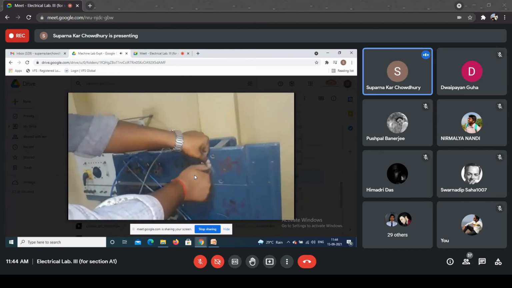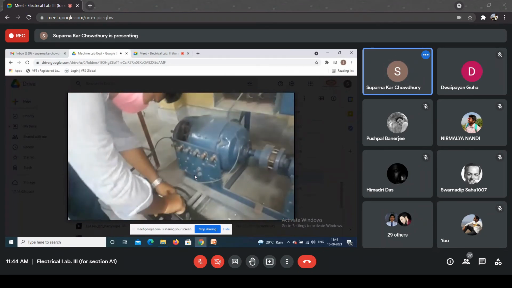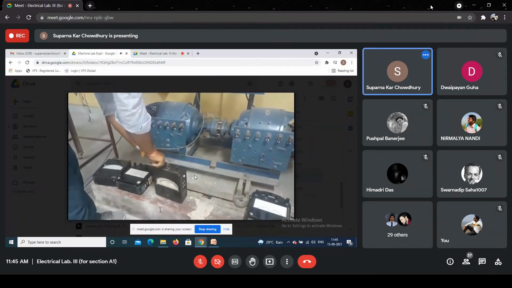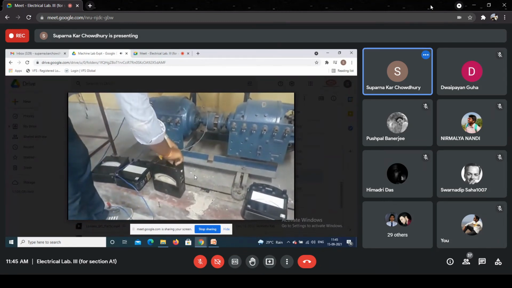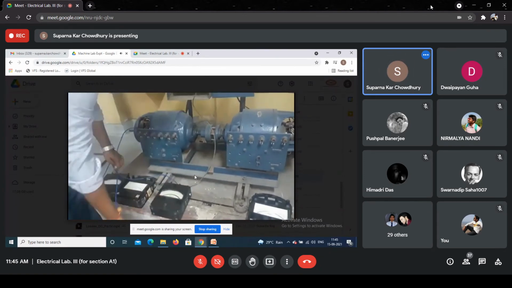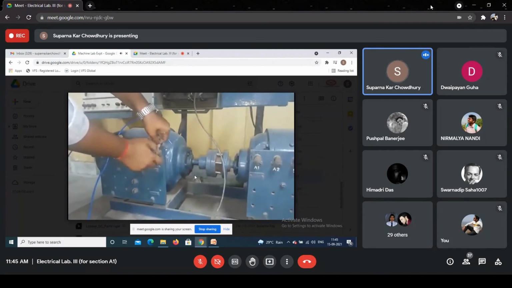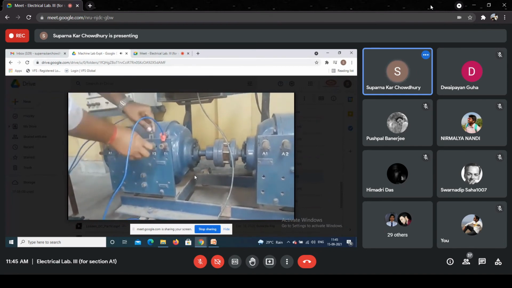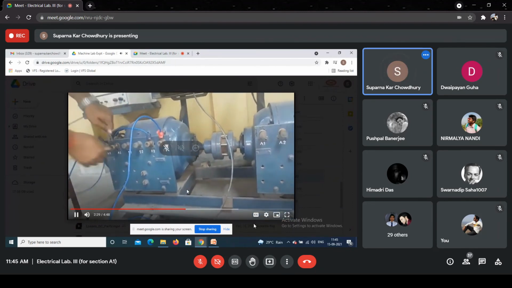These two are the rheostat, which is connected in the board and will be used for field control. These two terminals, this field and this armature, have to be shorted.